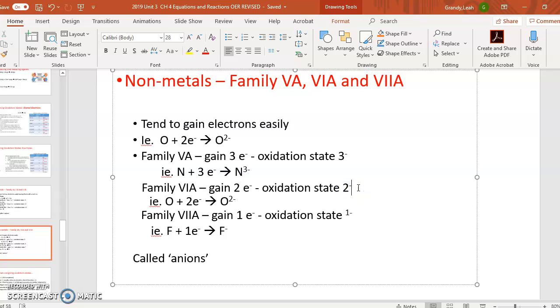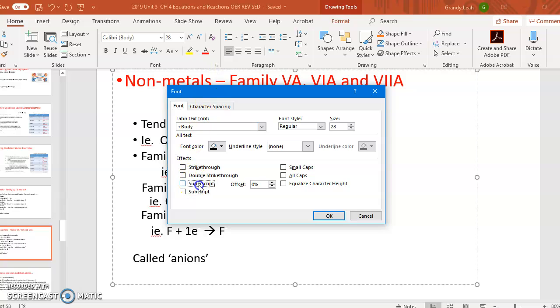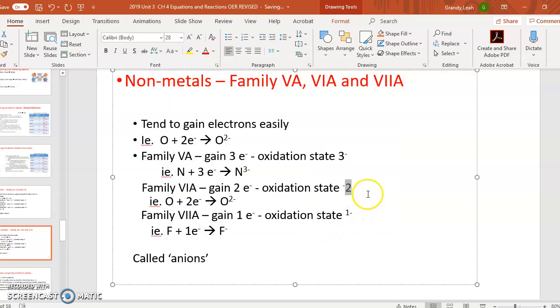It shouldn't be a subscript. Oxidation states are written sign and then the number. Okay, so it should be like that.